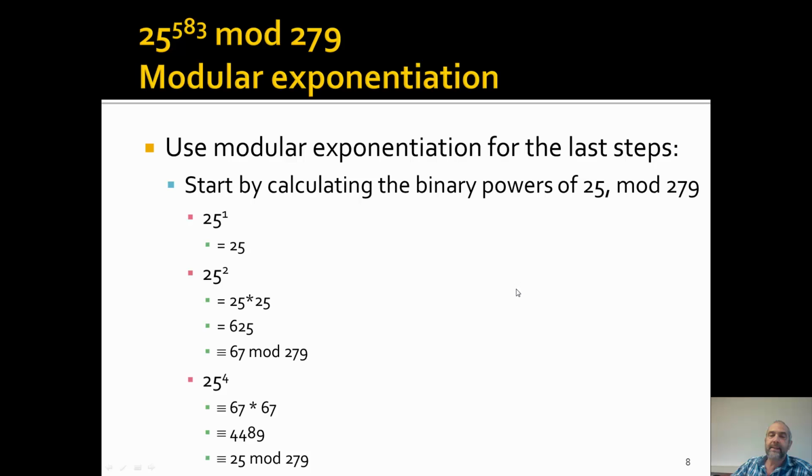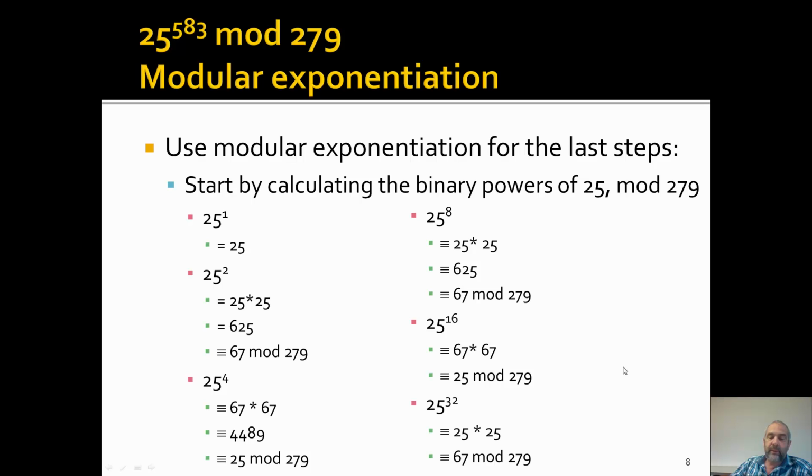That's by accident now. Next one is 25 to the power 8, which is 25 to the power 4 times 25 to the power 4. So that's 25 times 25, it's 625, and that's again 67, of course. It's the same calculation as here. Next is 25 to the power 16. That's again 25.